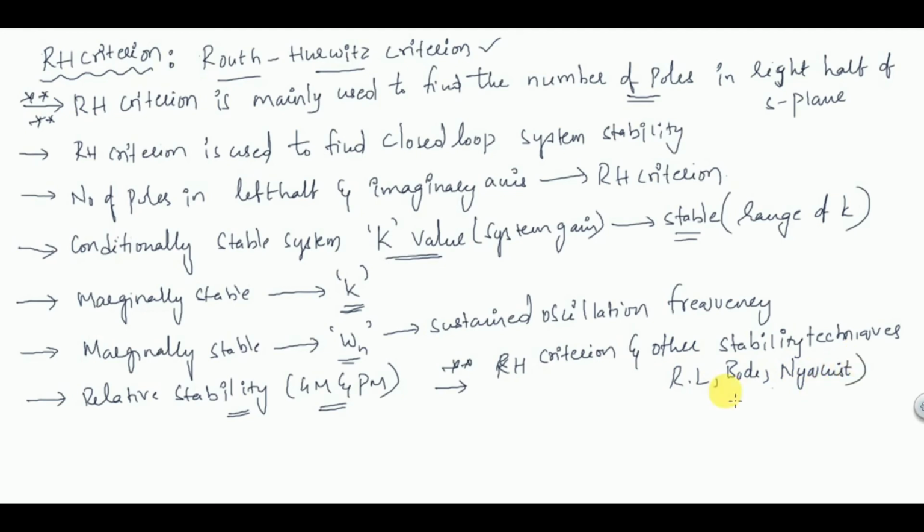All these are also stability techniques only. But Bode and Nyquist are frequency domain stability techniques, while root locus and RH criterion are time domain stability techniques.